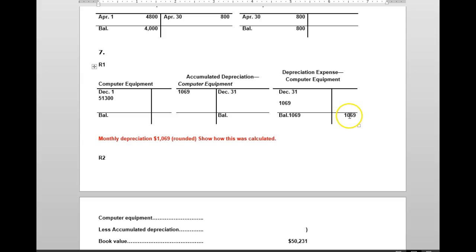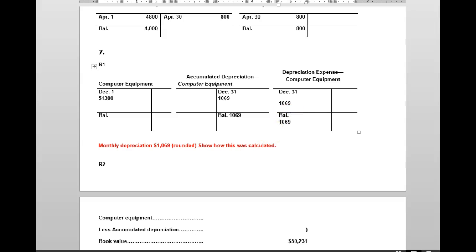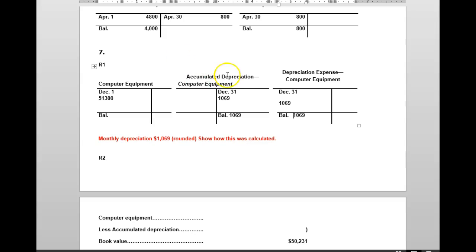So you debit the expense, and you credit the accumulated depreciation. So now you have an expense of 1069 to be recorded, as an adjustment, and you have a credit balance here in your accumulated depreciation.